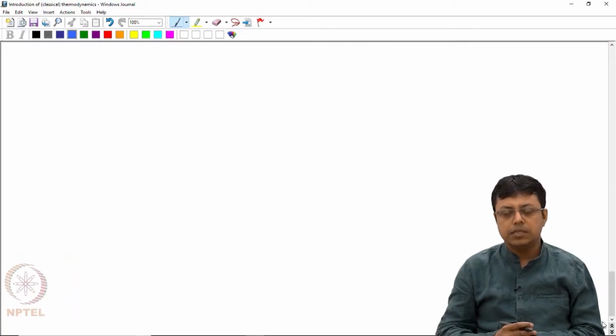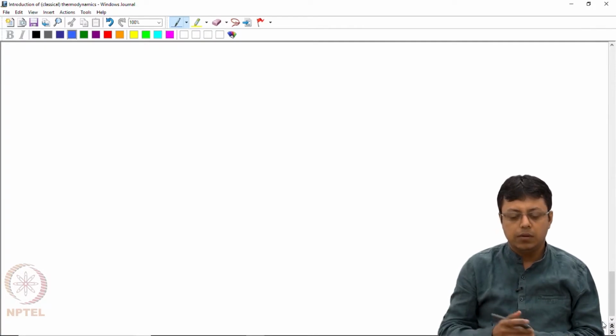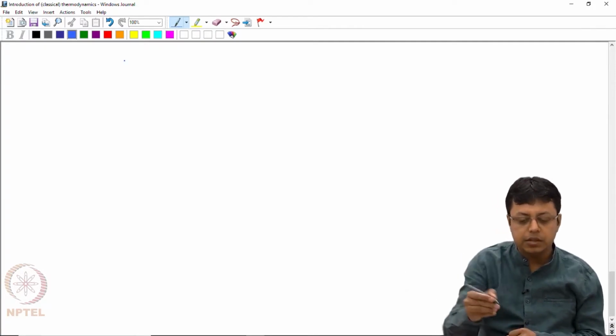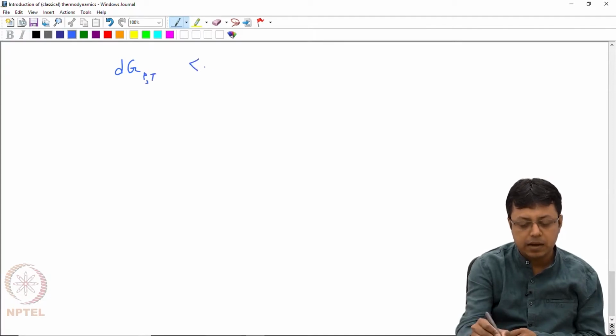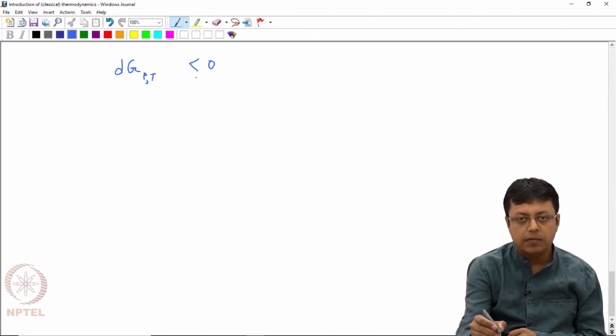So in the last part of this lecture, we emphasized that the correct thermodynamic quantity to look at under constant pressure and temperature is the Gibbs free energy, or the change in Gibbs free energy, because if that change is negative, then the process is spontaneous, and if we are considering some equilibrium process, that will be 0.